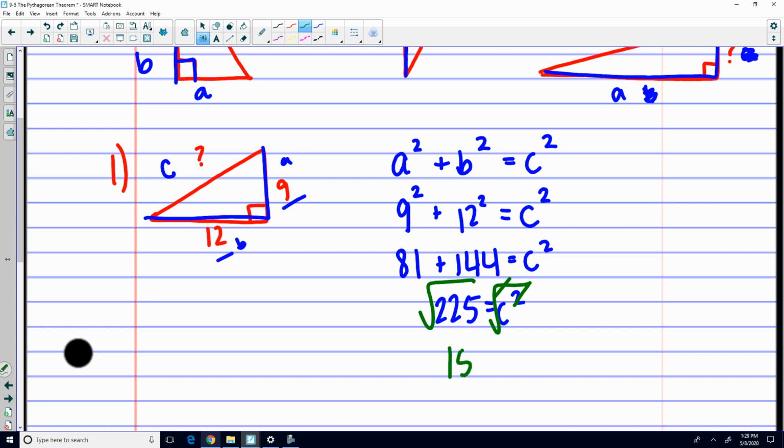It's 15. So C is 15. Now a really good check is C always has to be the biggest number. Always. And 9 and 12 and 15, that'll work. That is actually a Pythagorean triple then. 9, 12, 15, those are 3 sides of a possible right triangle.